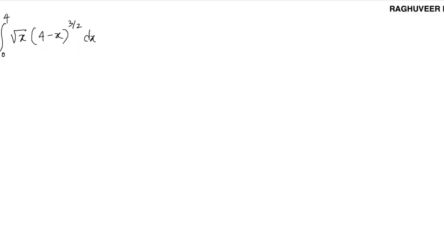So let us solve this. Now let us put x as 4y. Yeah. So dx will be 4 dy. Okay. So for x 0, y 0.